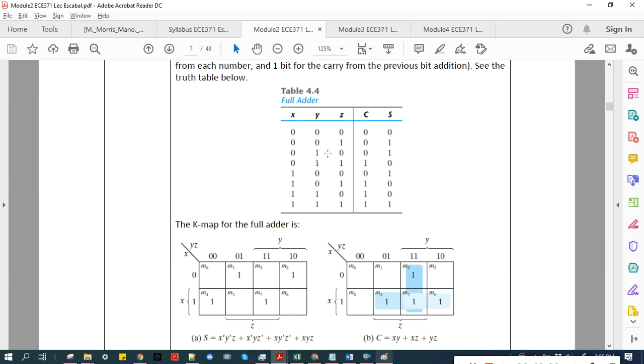In simplifying this, it is better to use a K-map.